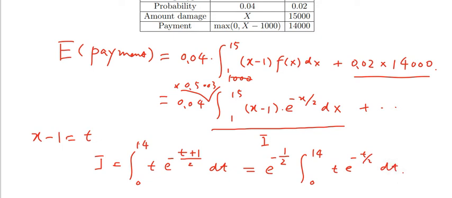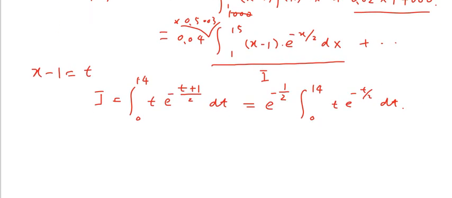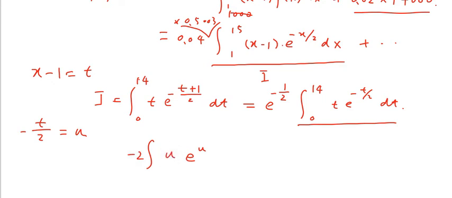And we don't like t over 2, so we use substitution. We let t over 2 be u. Maybe we prefer this, we just let the negative this equal u. So we just focus on this part. This is u, and then t equals negative 2u, right?